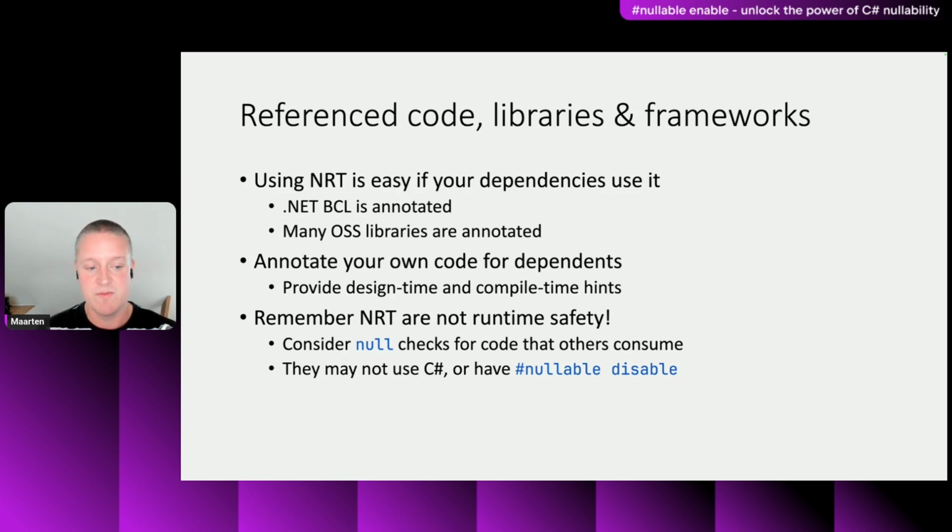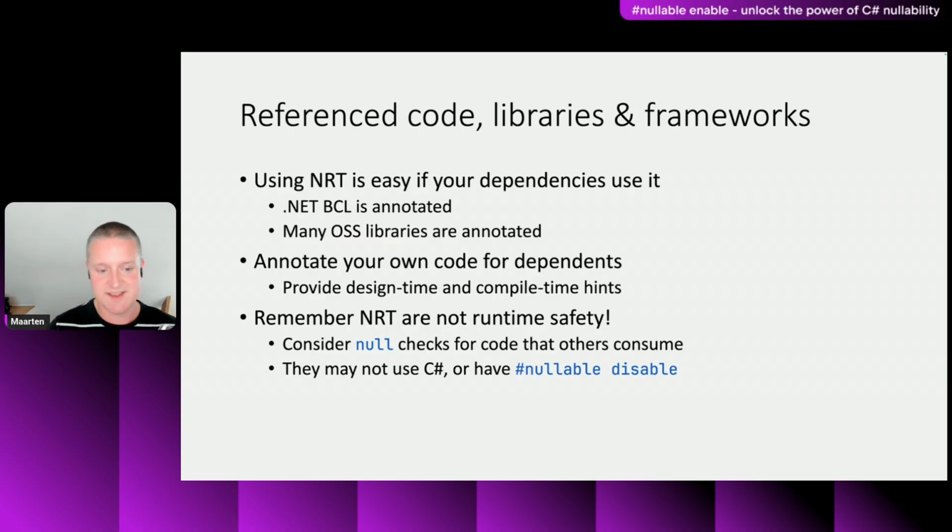But there, you might want to consider still adding null checks for that code, because others might call the code without heeding all of the nullable reference type annotations. They might just pass in null where you don't expect null. So if that is a potentially destructive or failure condition in your application code, that is something where you still want to do a null check, even with nullable reference types.